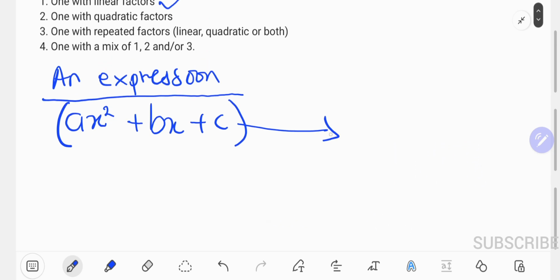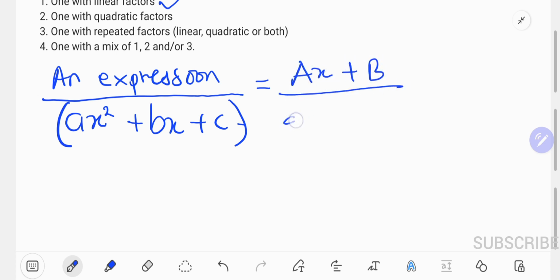If you have this kind of expression, it's equal to the form ax plus b all over the same quadratic expression.